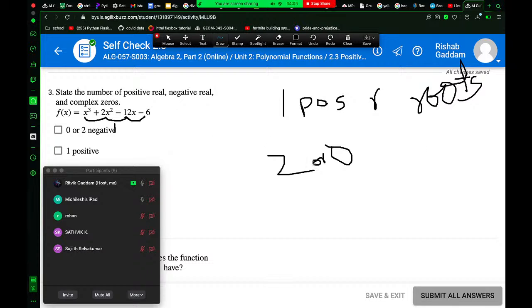Then you have to go through each of these circumstances, like 0 or 2 complex zeros. So however many instances you have to go through. Does that kind of make sense?